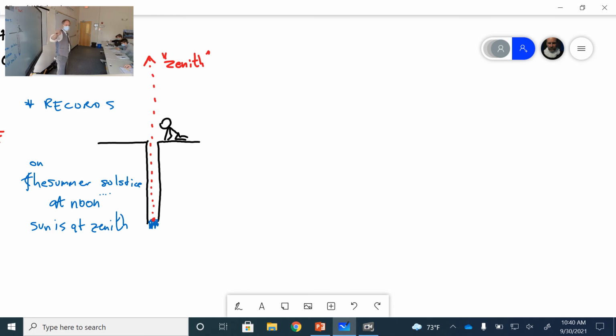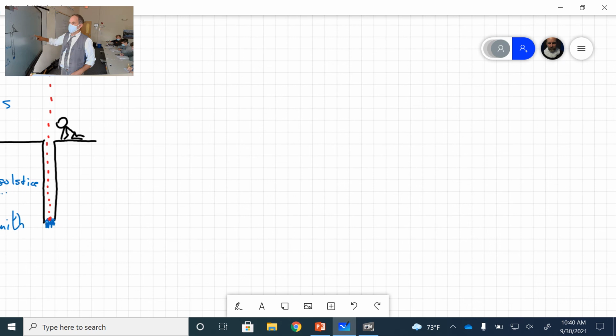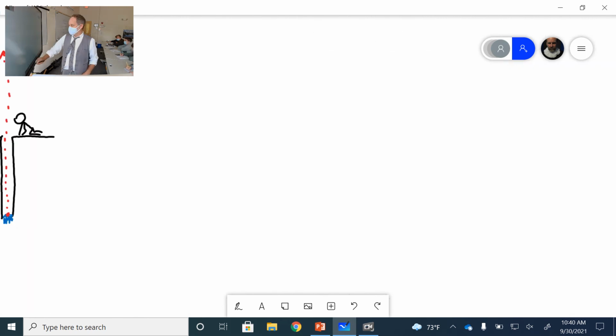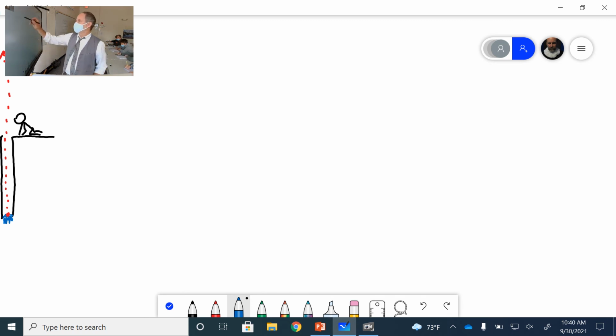Whoa. So Eratosthenes used this idea to figure out how to measure the size of the Earth. And here is Eratosthenes' reasoning. So Eratosthenes says, here's the Earth.